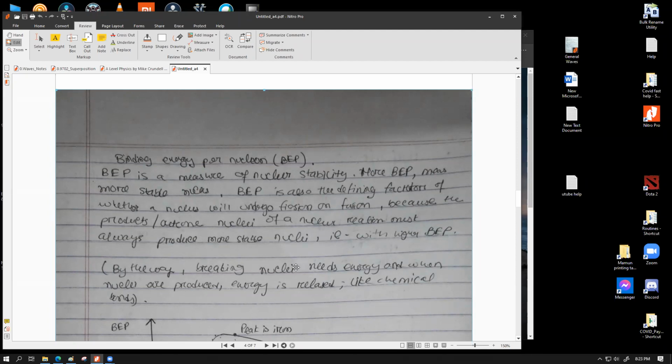So any type of nuclear reaction will always produce output nuclei which have higher nuclear stability compared to the reactants, which means you cannot do it the other way around.